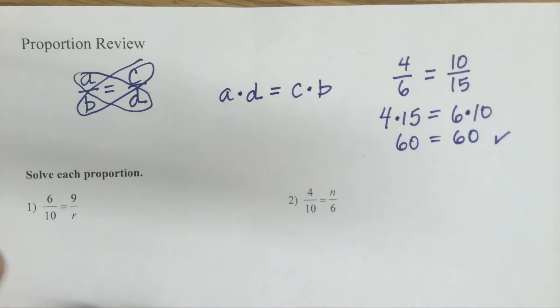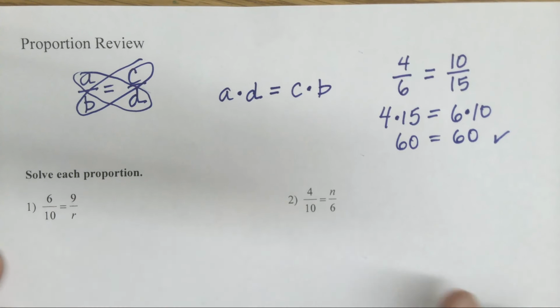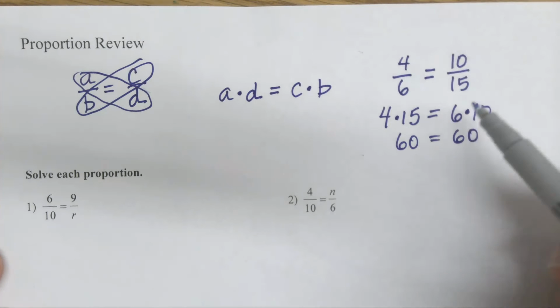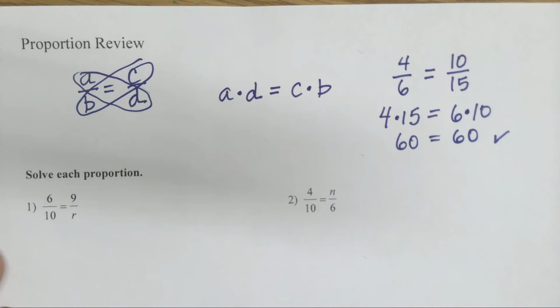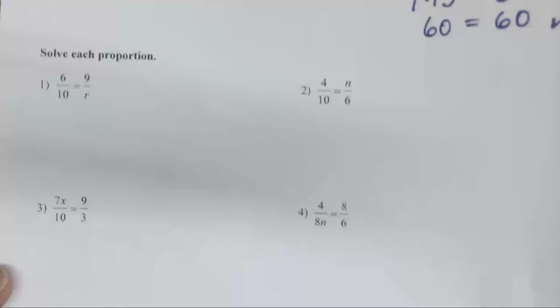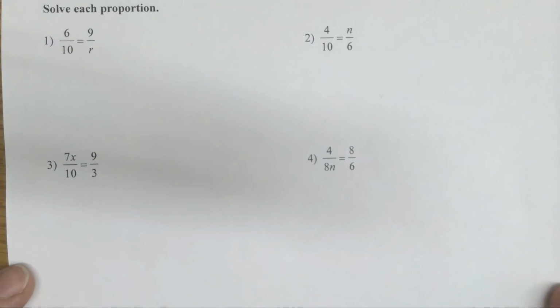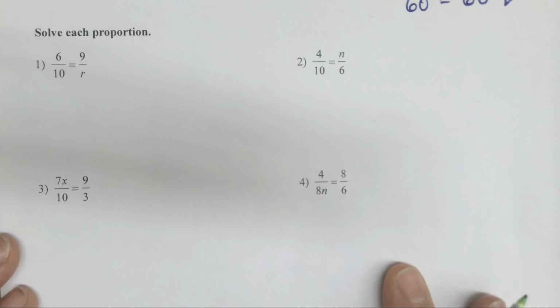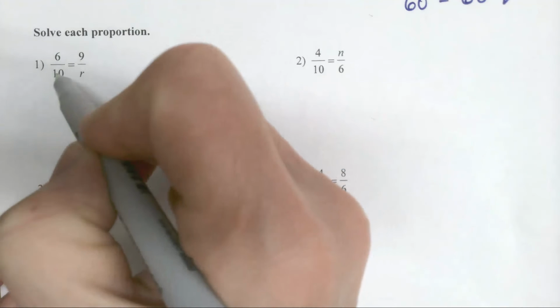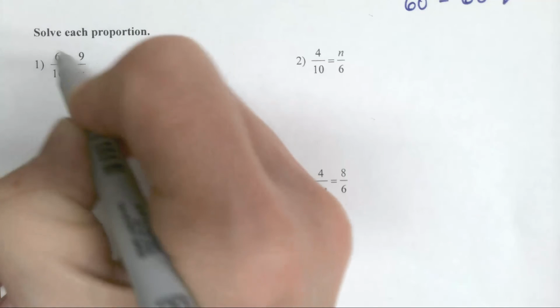Again, if we're going to be solving a proportion, we want to be able to make the statement true, so we're going to be looking for the missing value. We can do it with a real nice shortcut just by plugging stuff in your calculator. For number 1, I'm again going to use that concept of cross products and multiply diagonally.